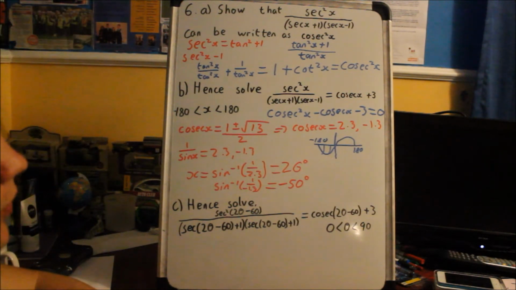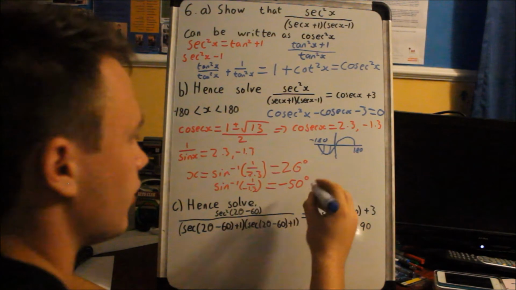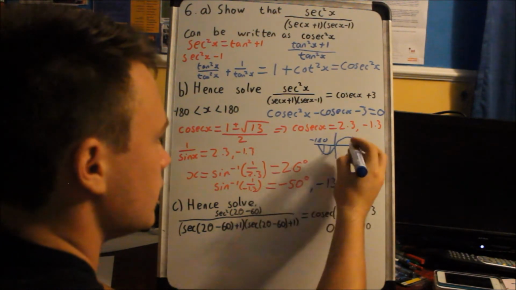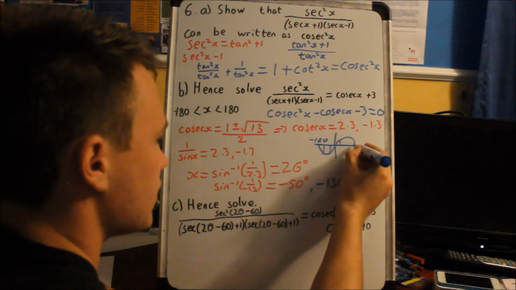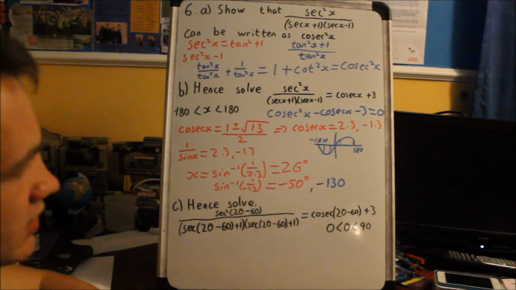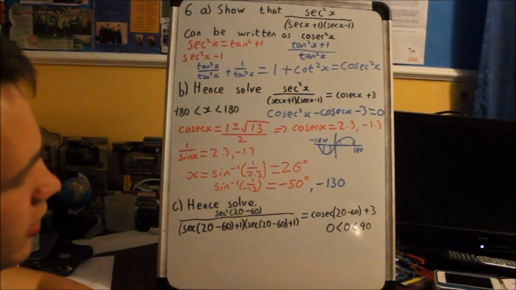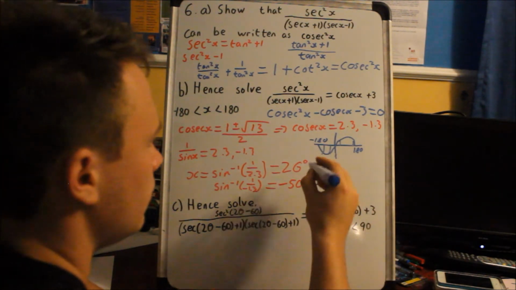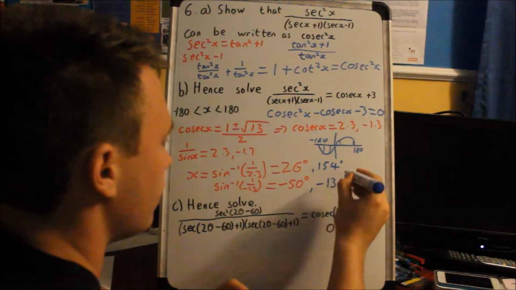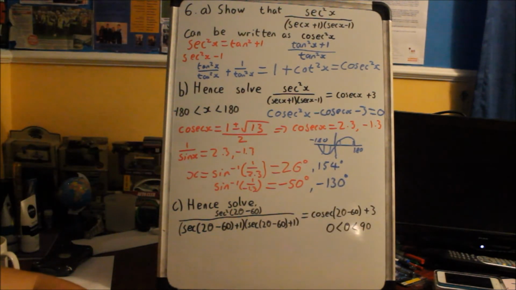Now 50 is 40 away from 90, so if you do 40 the other side of 90, we're also going to get minus 130. And then 26 is a value here, so there's going to be a value here in line with it in the y. 26 is 64 away from 90, so if you plus 64, we get 154. And those are the four values of x. So we have now solved it.